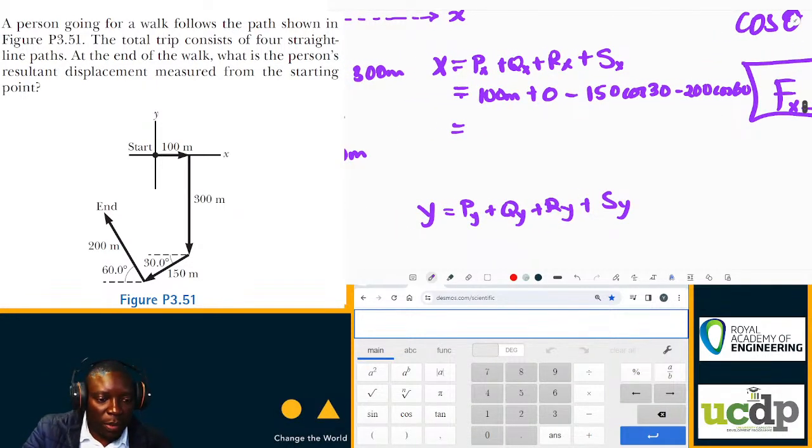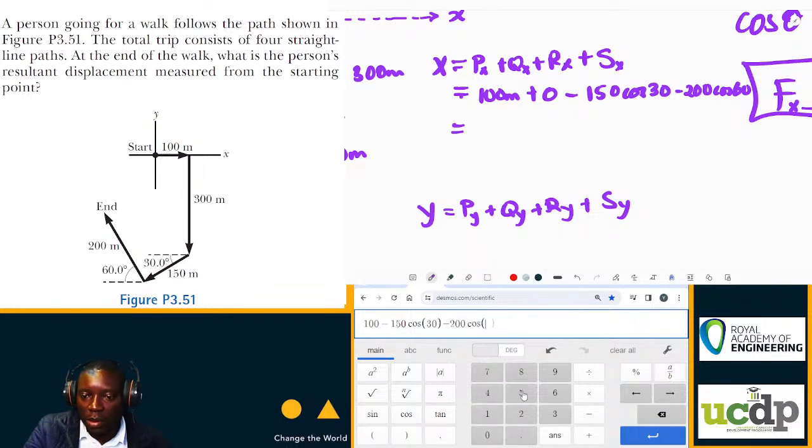I'll just type in 100 on the calculator. 100 plus, that's negative, so negative 150 cos 30, and minus 200 cos 60.